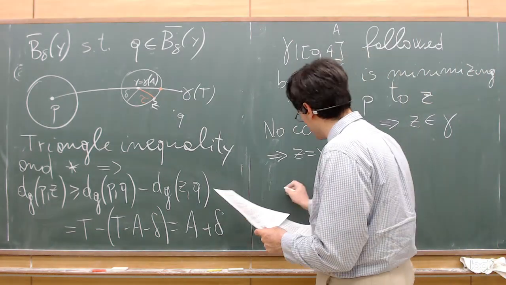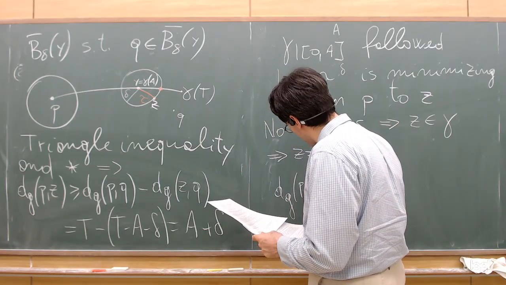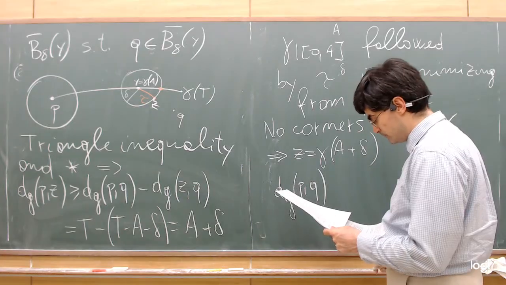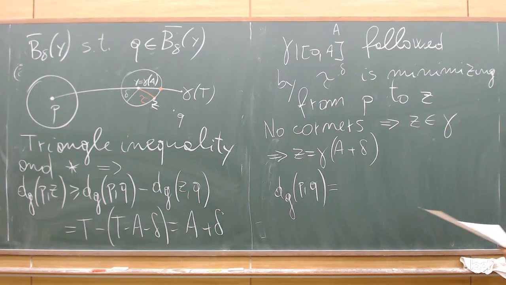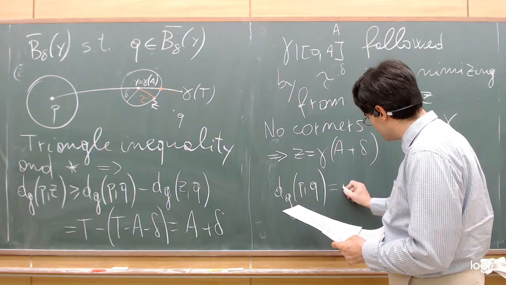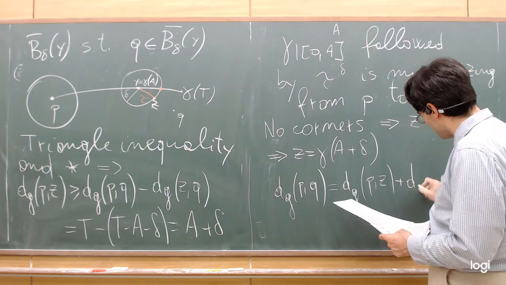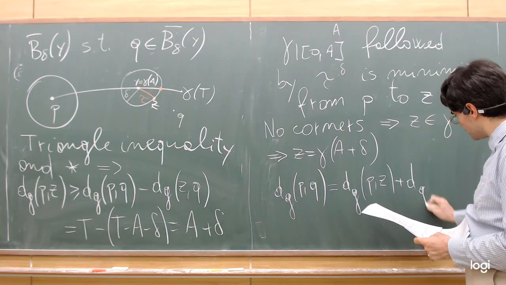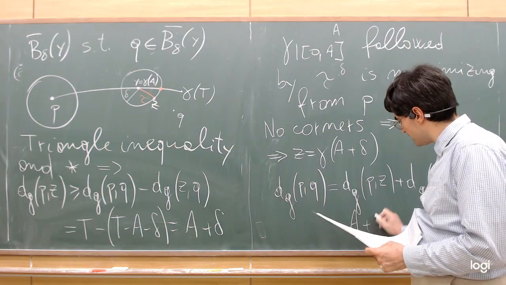And then, what is the distance between P and Q? This is d(P,Z) plus d(Z,Q). This is A plus delta.